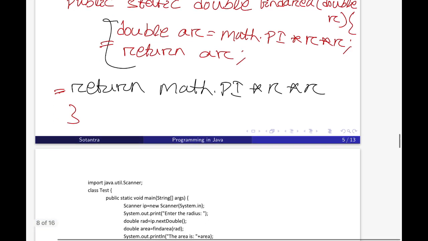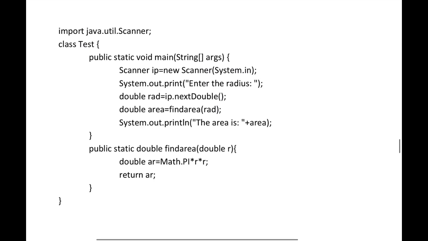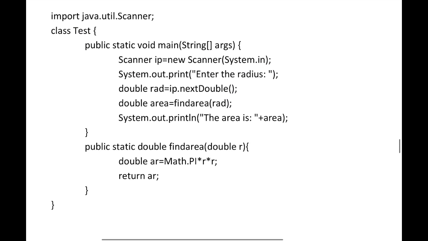For that you can see the complete program here. Import java.util.Scanner, because we are taking the input from the user, that's why we are importing the Scanner class. Then class test, public static void main, Scanner ip equals new Scanner(System.in).